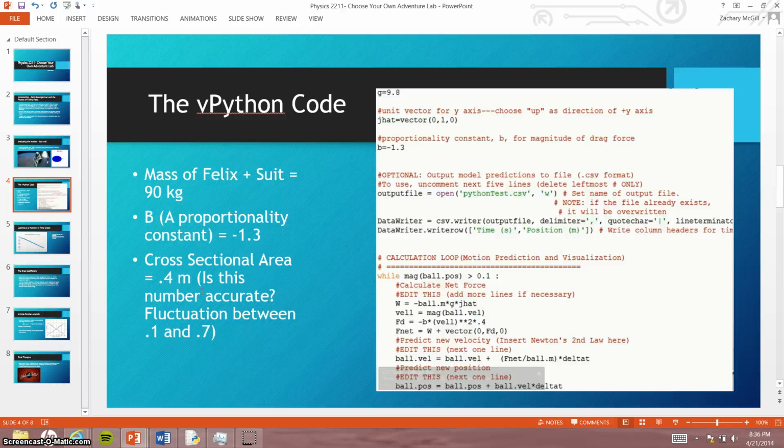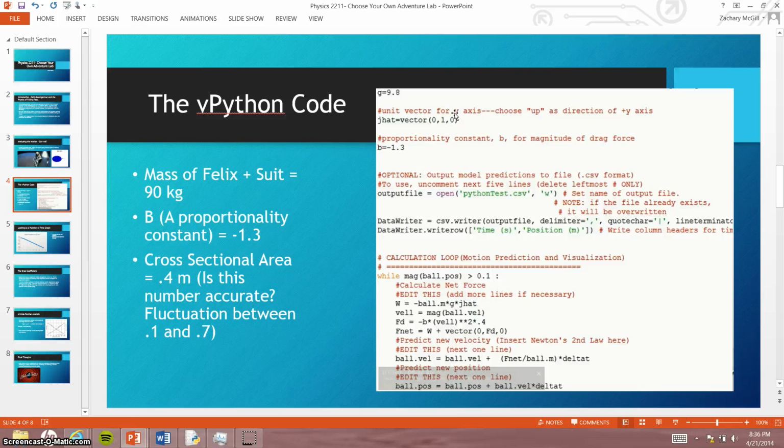We can't really tell what his exact cross-sectional area is because we don't know, and also because it changes throughout the video. It could fluctuate anywhere from 0.1 meters squared, which is basically either feet first or head first, and 0.7 meters squared, which is if he was falling flat, that's roughly how tall he is with his suit on.